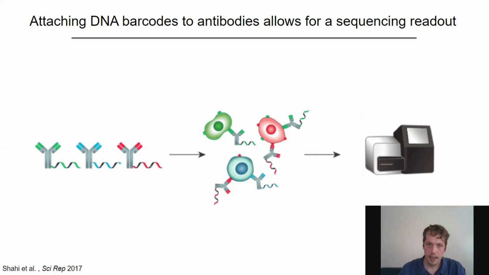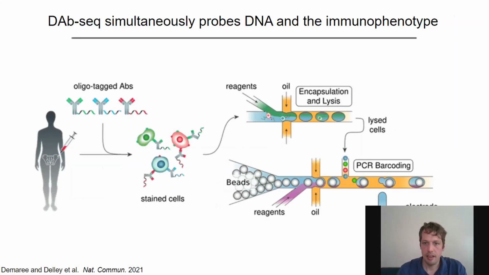Now, with that idea in place, it's very straightforward to come up with a workflow that can profile single-cell genotypes and immunophenotypes simultaneously, because all we need to do is to stain the cells with these DNA-tagged antibodies and then apply them to the microfluidic genotyping workflow I just described previously.